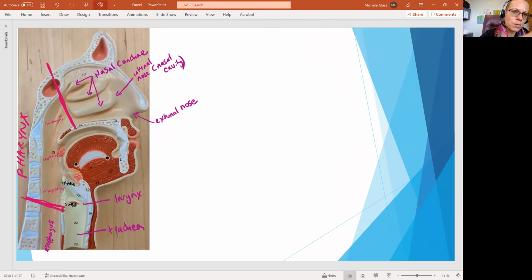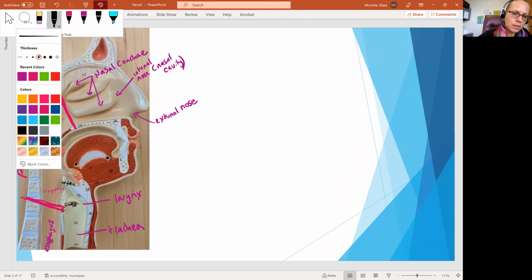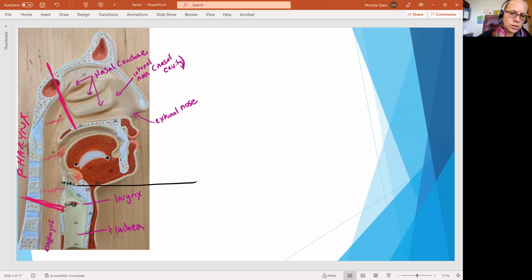So we can label the epiglottis as that flap of tissue that's going to protect the airway when swallowing.